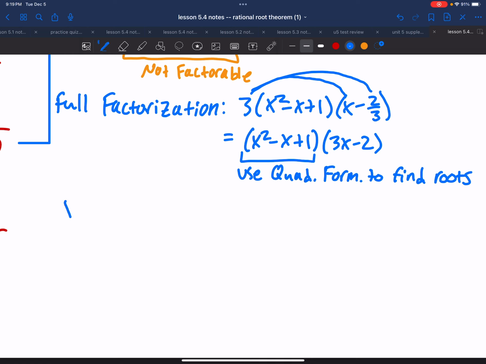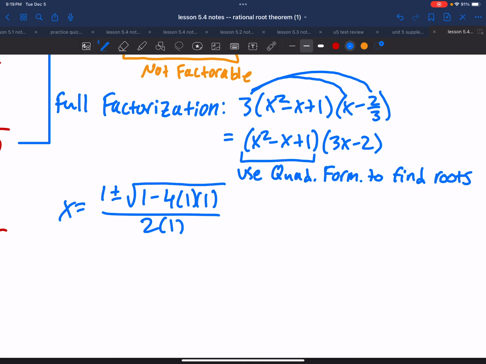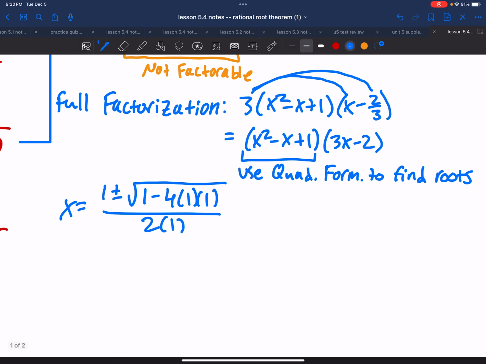So I do x equals negative b, which is negative 1, which is positive 1, plus or minus the square root of b squared, which is negative 1 squared, is 1, minus 4ac, all over 2a, like that, right? That's quadratic formula. If you don't know how to use that, hey, go watch another video.